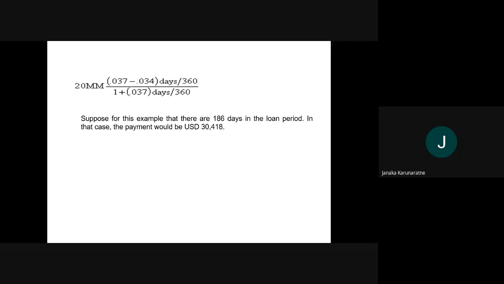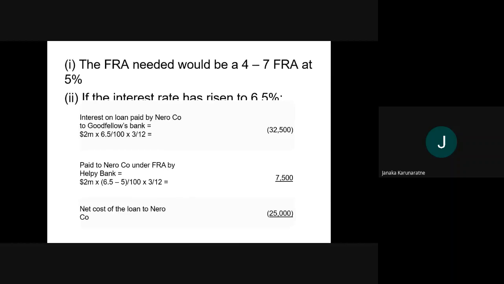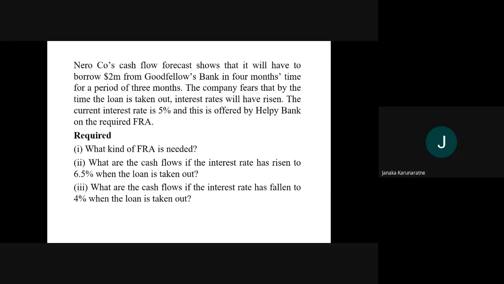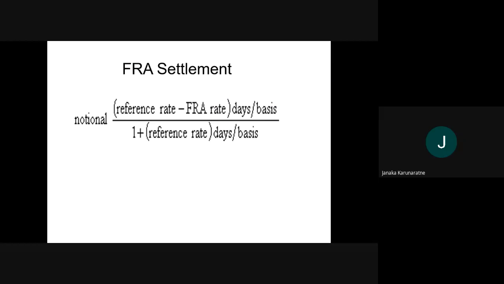Then the number of days divided by 360, divided by 1 plus the reference rate times days divided by basis.